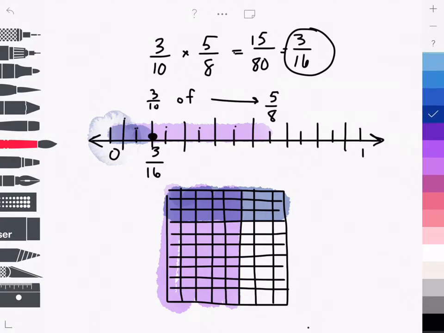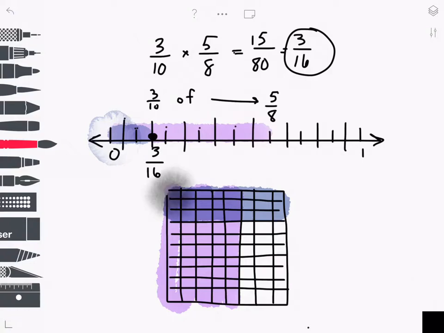And my overlapping area represents my product. I've got here 1, 2, 3, 4, 5, 6, 7, 8, 9, 10, 11, 12, 13, 14, 15 out of 80 total squares.